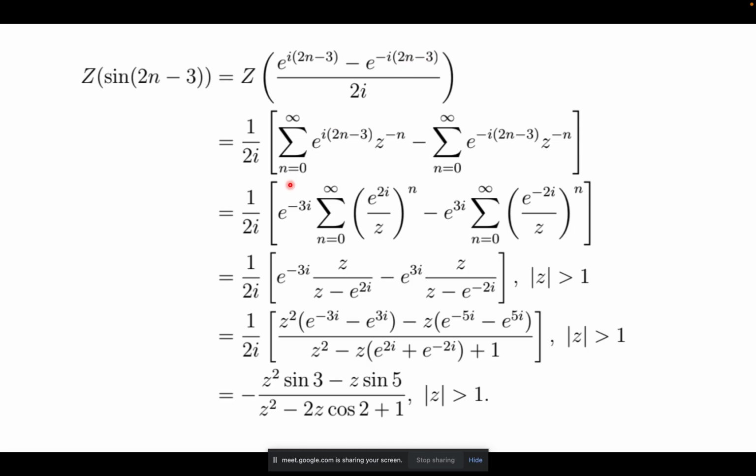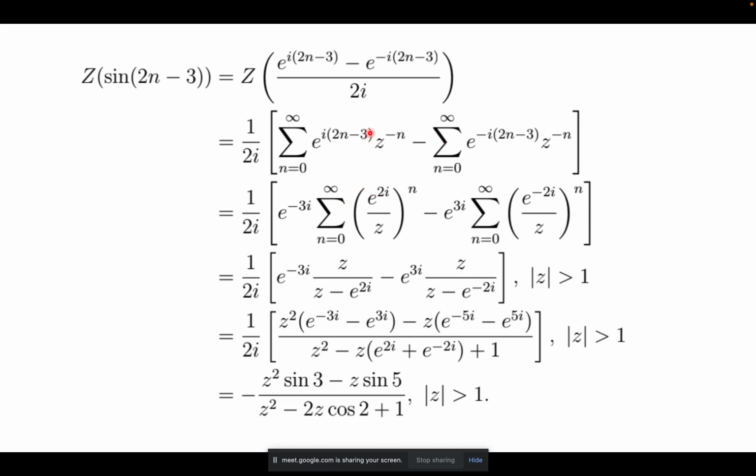The formula of the z transform is the summation n from 0 to infinity of e^(iota(2n minus 3)) times z power minus n, right? So first you write the sequence whatever you are given, and then you write z power minus n. Similarly you do on this side.